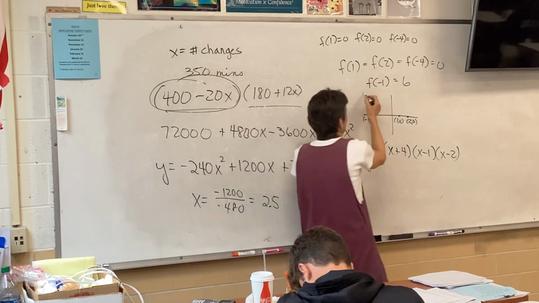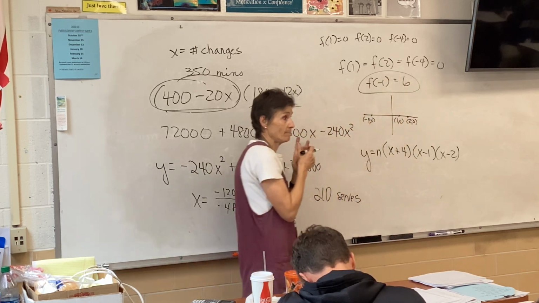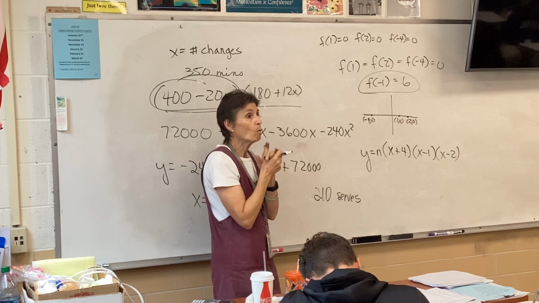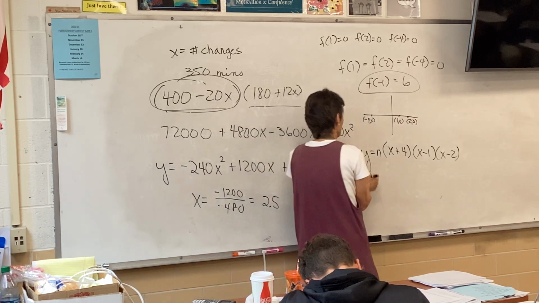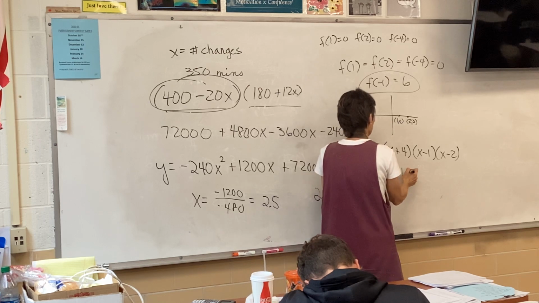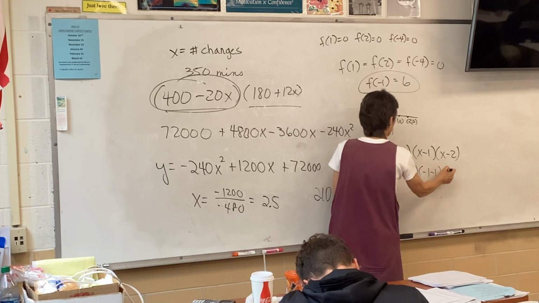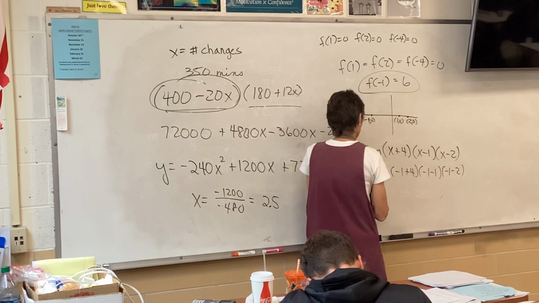But I was given an additional piece of information, right? That is the random point, -1, 6. So in goes the 6, in goes the -1. I'll do the arithmetic.